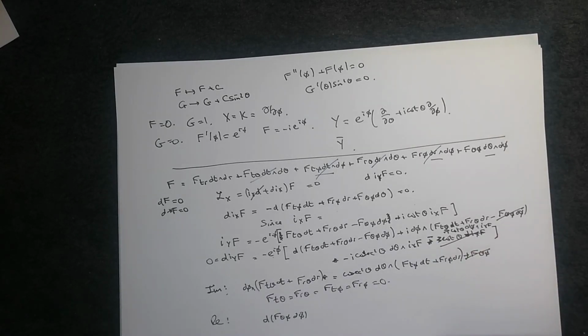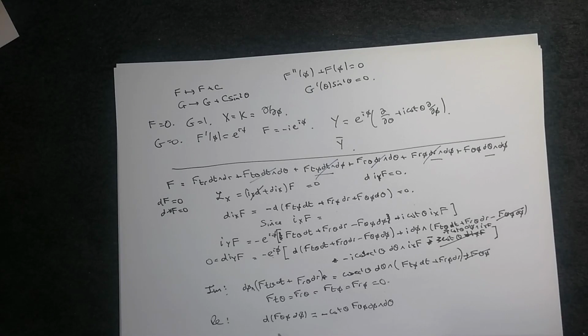The plus sign was correct. And that followed from the differential of this times this term here. So that's equal to minus cot θ F_θφ dφ wedge that. This equation is now correct.